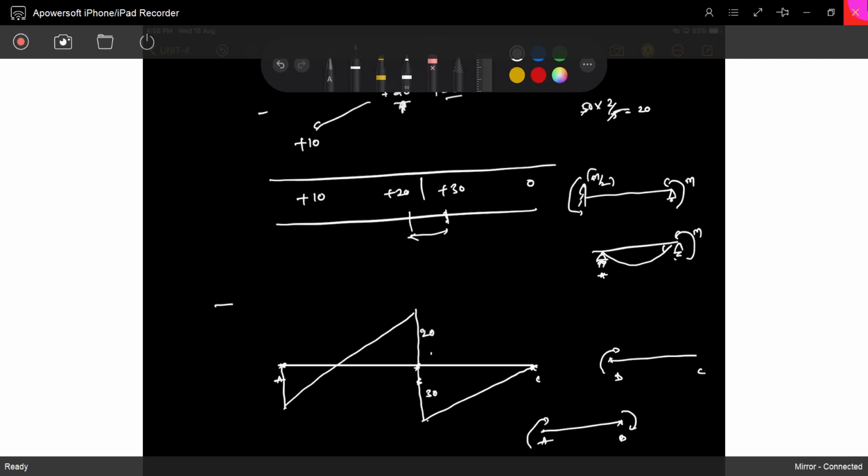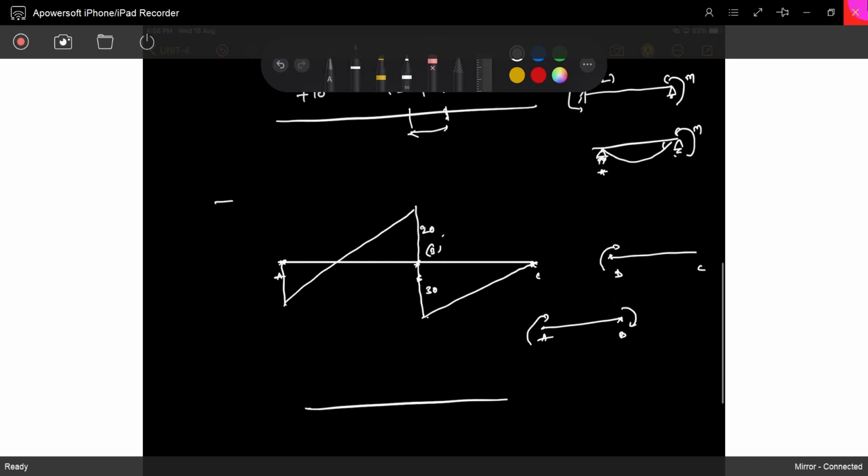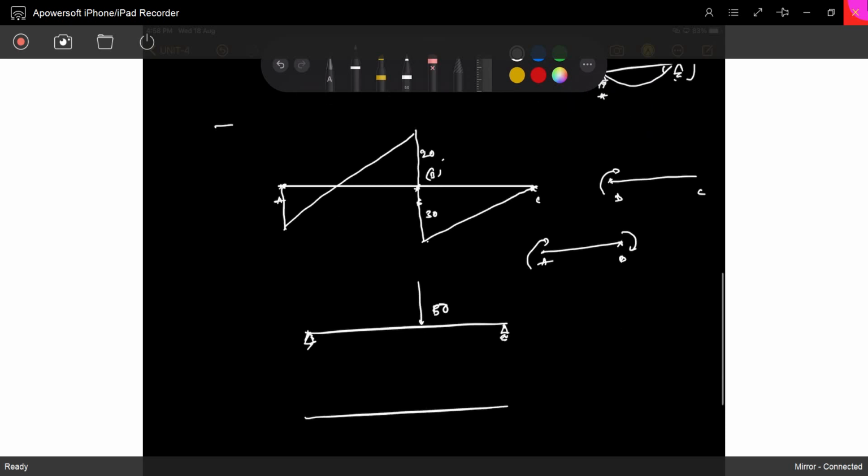If you see now, observe it. B has a moment of 50. You can just add it: 20, 30. Concentrated moment. We already know if you draw the shear force diagram, if it is a uniformly distributed load, if you applied a P of 50, how is the shear force diagram? So it's a 25.